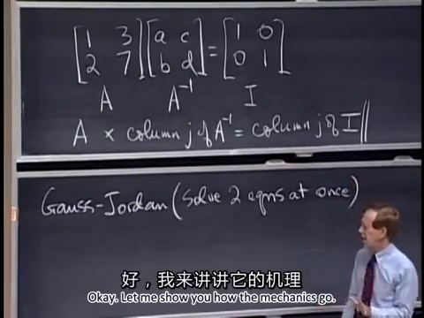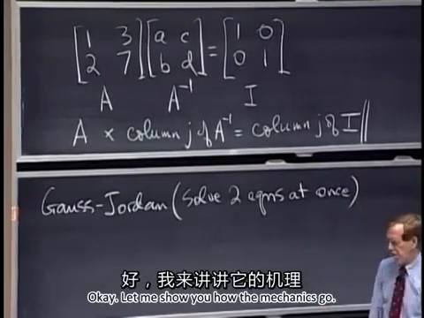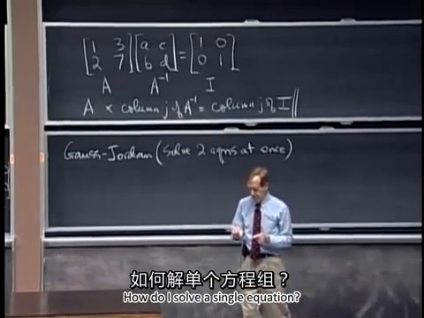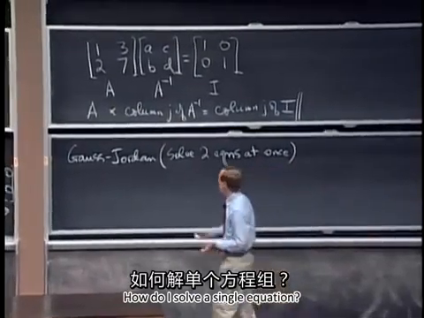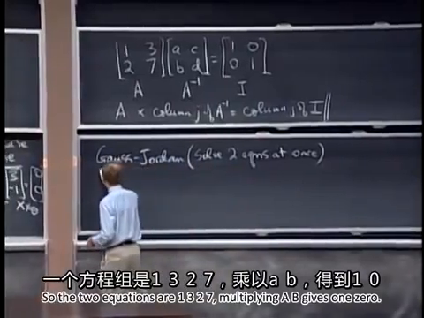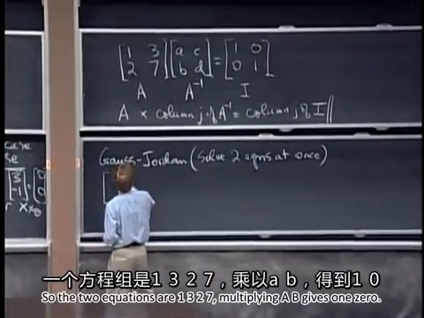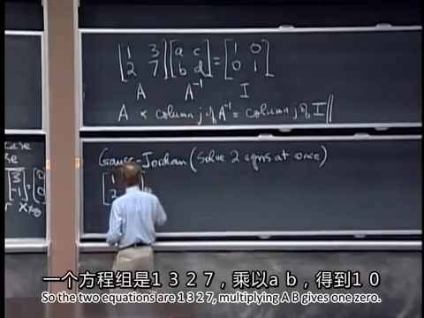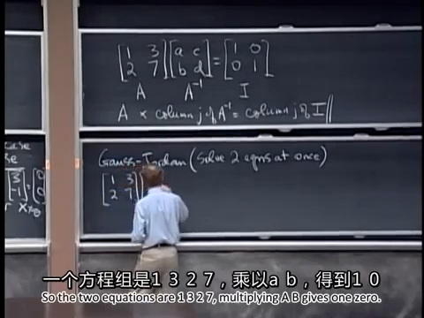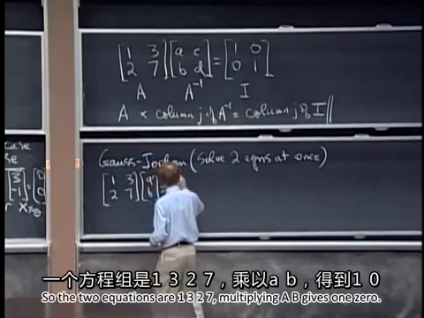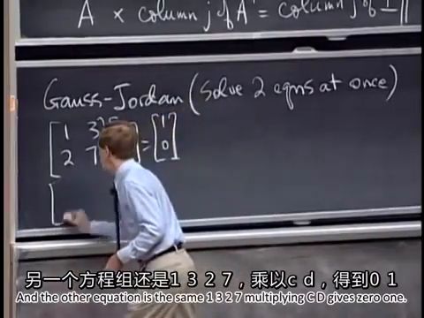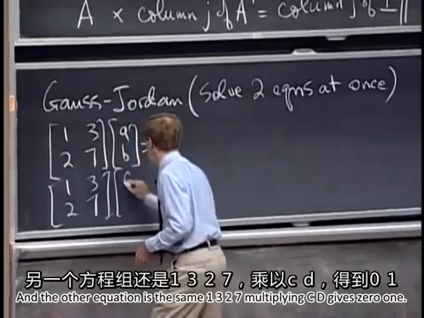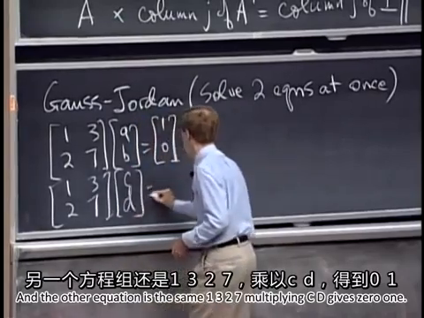Let me show you how the mechanics go. How do I solve a single equation? So the 2 equations are 1, 3, 2, 7 multiplying a, b gives 1, 0. And the other equation is the same 1, 3, 2, 7 multiplying c, d gives 0, 1.